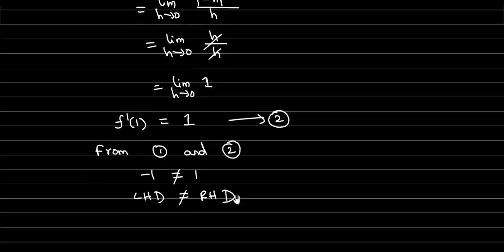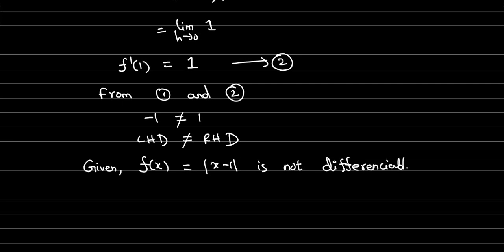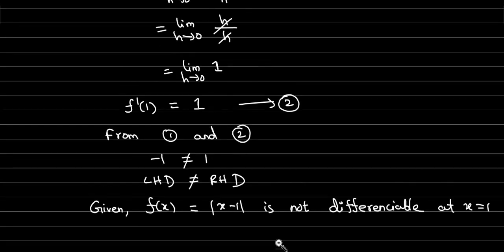So we can say that the given function f of x equal to modulus of x minus 1 is not differentiable at x equal to 1. Okay, that's all the solution.